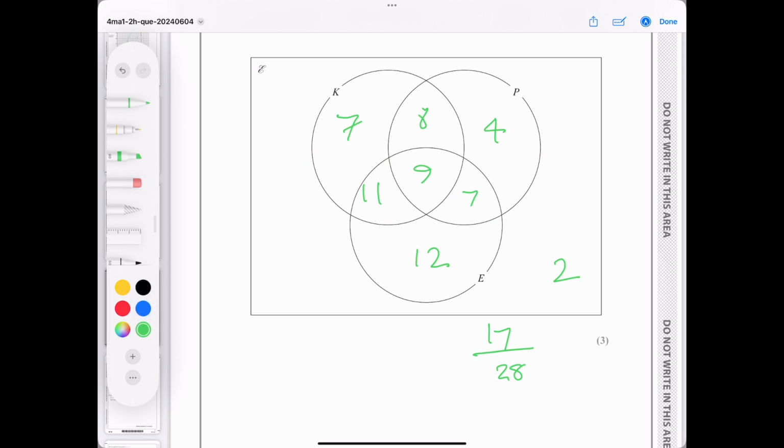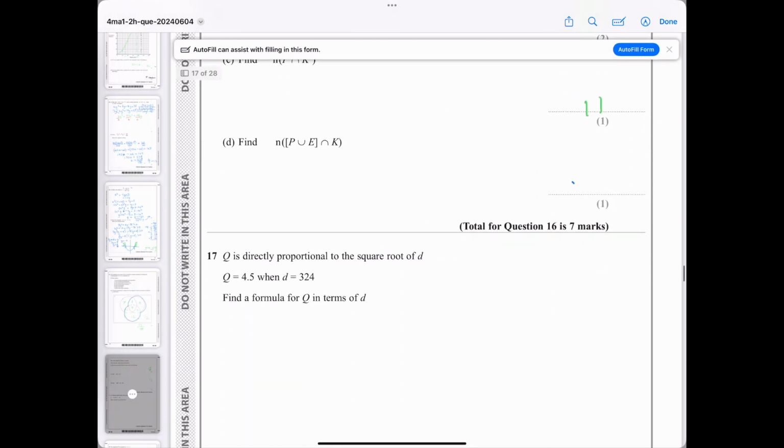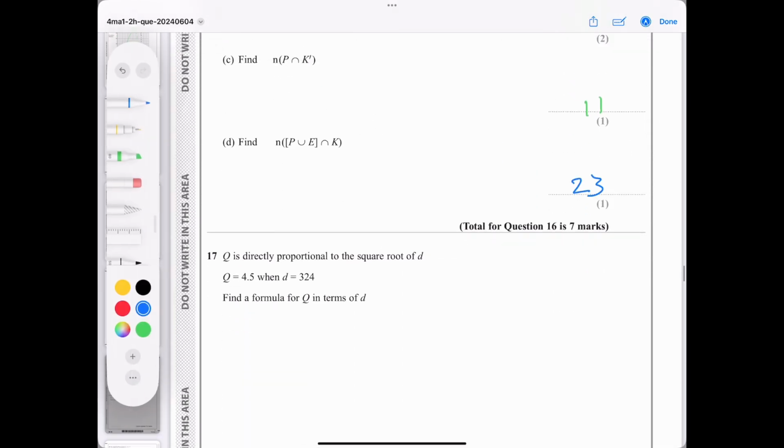Photography and embroidery, but not knitting. So that'd be 12, 19, 23. Yeah, 23, I think. And I think I've now got to stop working.